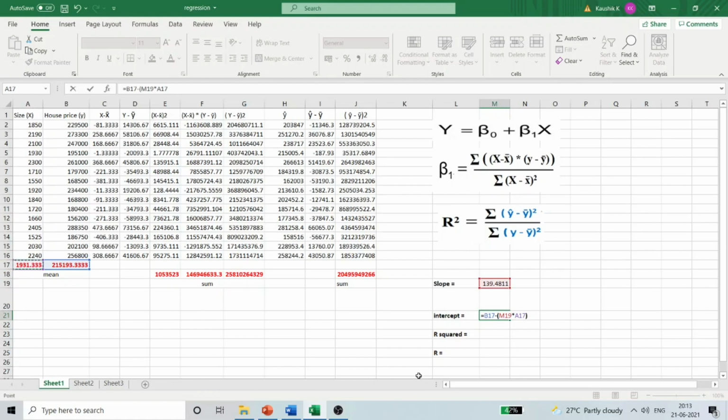Then if I press enter, this is the answer I get, negative 54191. So this is the intercept value I got.